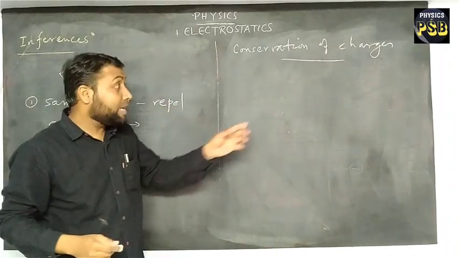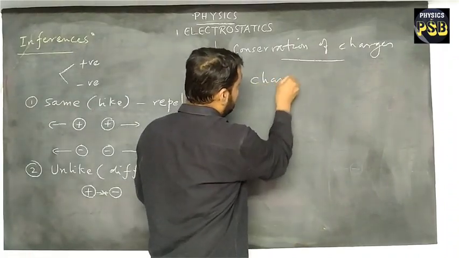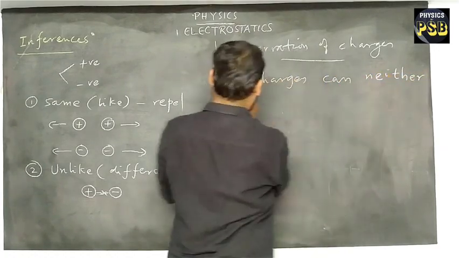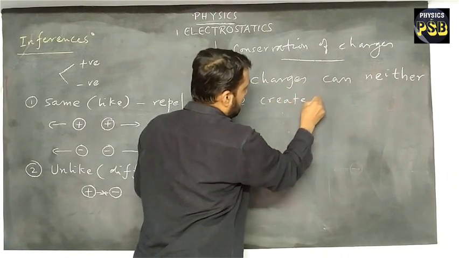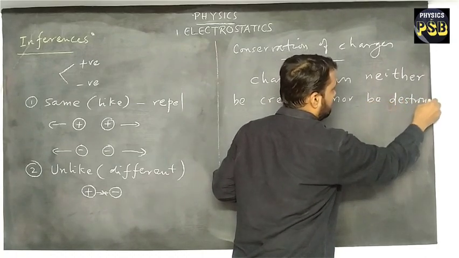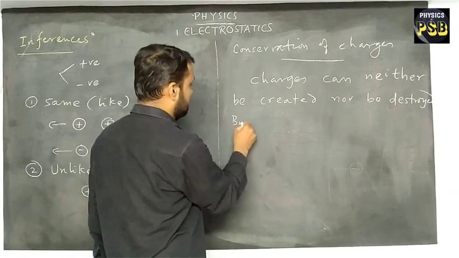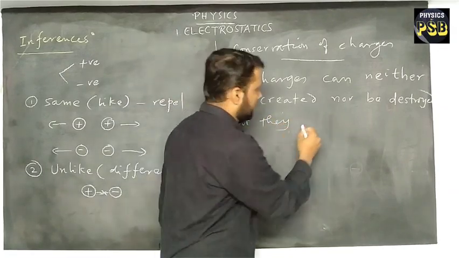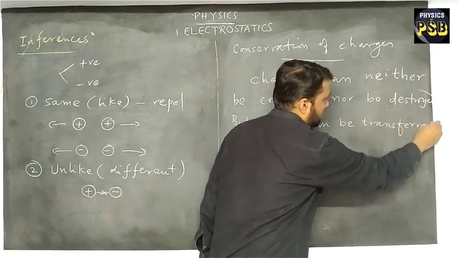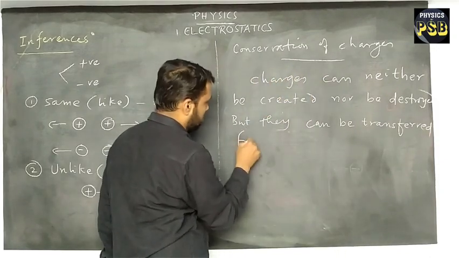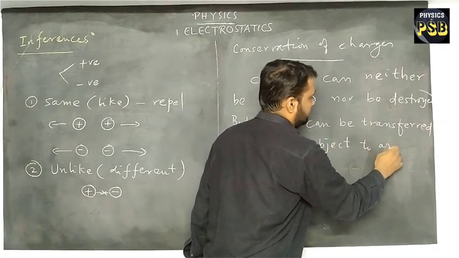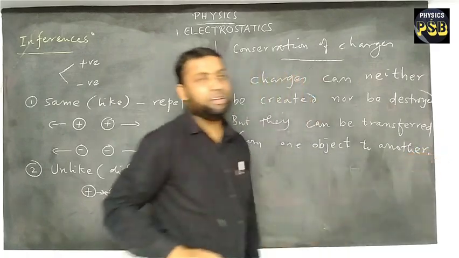It says that charges can neither be created nor be destroyed, but they can be transferred from one object to another. This is the next property of a charge.